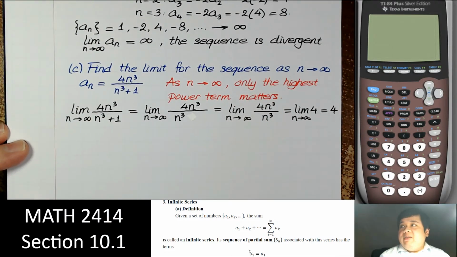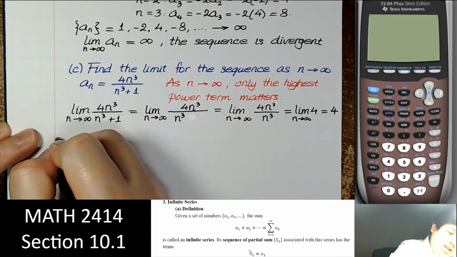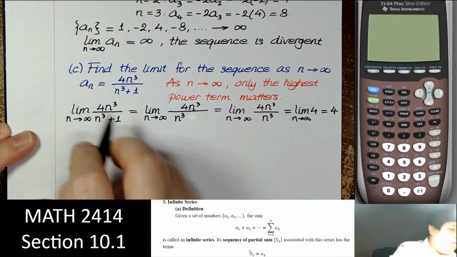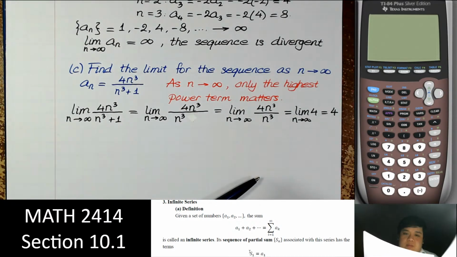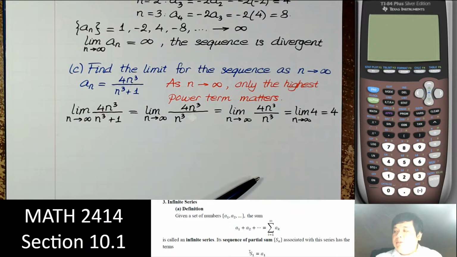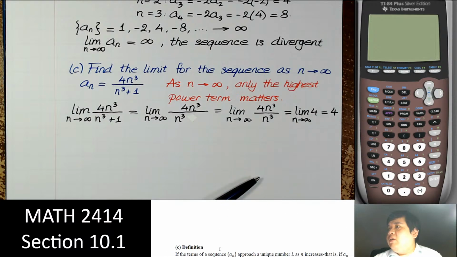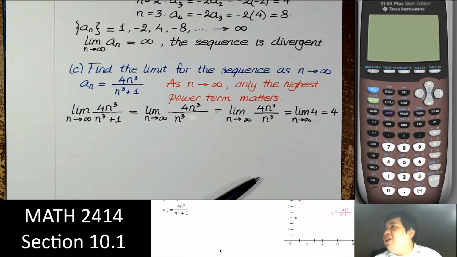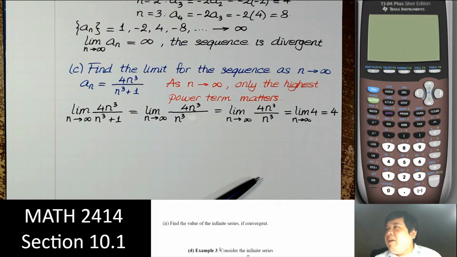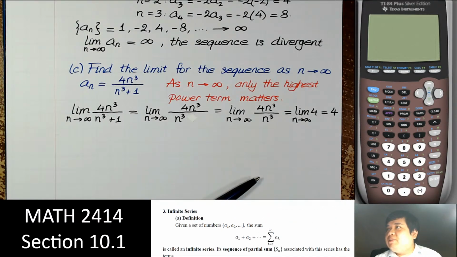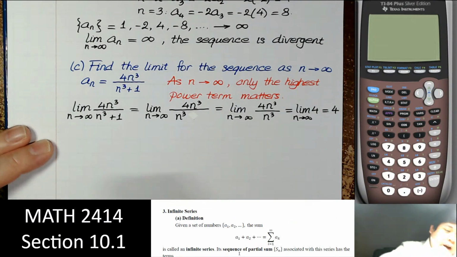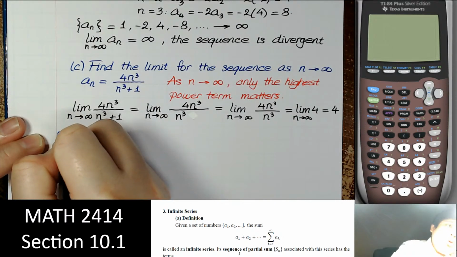Next, we have infinite series. We only have one, so that should be 2.